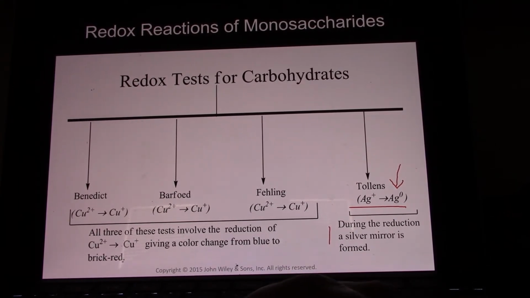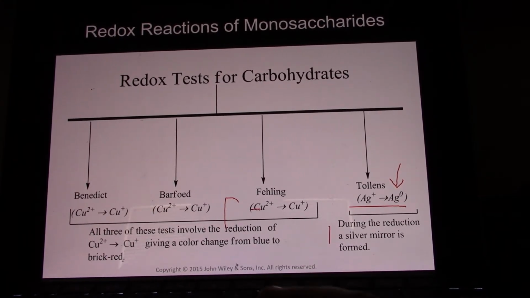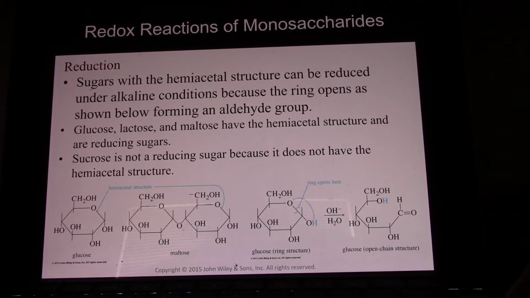In the Benedict, Barfoed, and Fehling tests, copper 2+ is reduced to copper 1+, giving a color change from the bluish of copper 2+ to the brick reddish of copper 1+. And so again, it's a visual reaction.